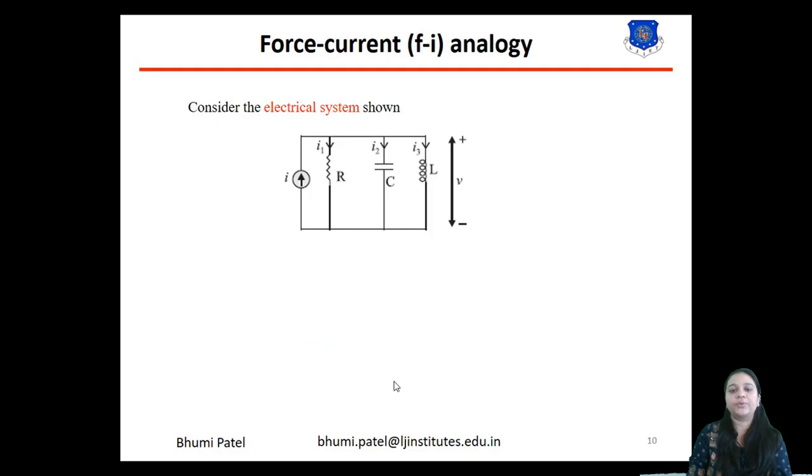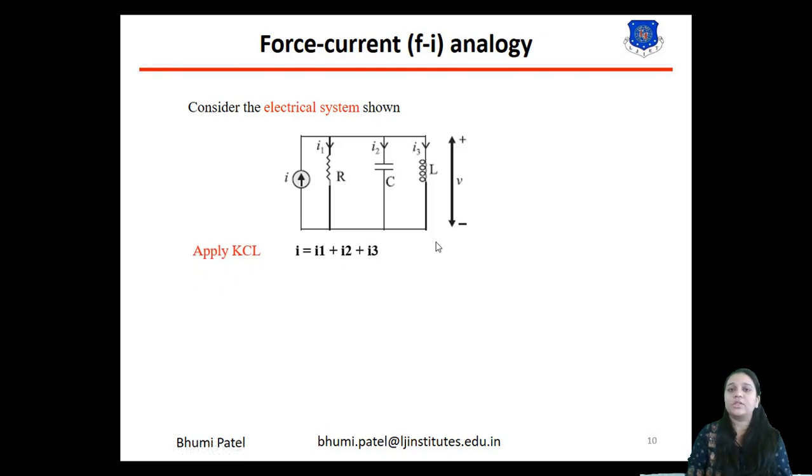Next analogy is the force current analogy. In the force current analogy, consider the electrical system shown in the diagram. Current I is applied to the system. R, L, C are the components of the system. Apply Kirchhoff's current law.